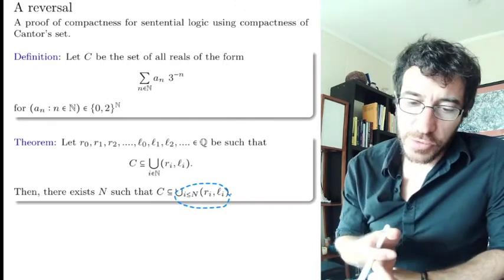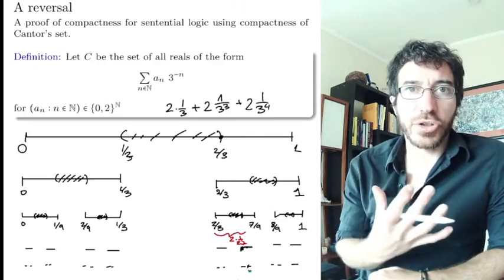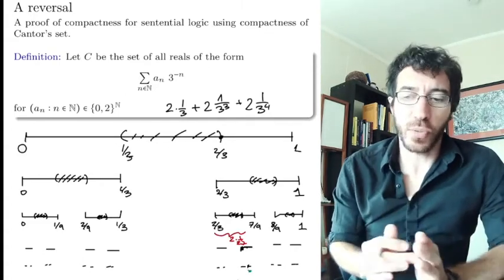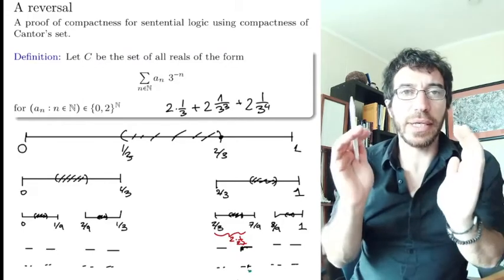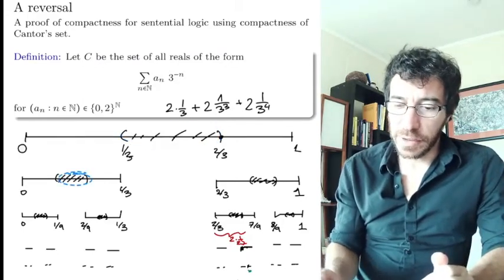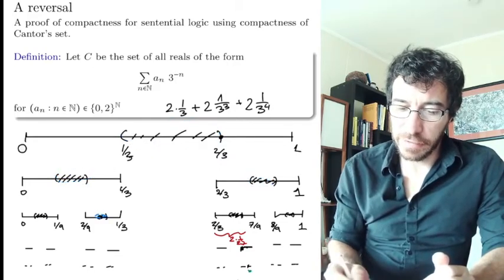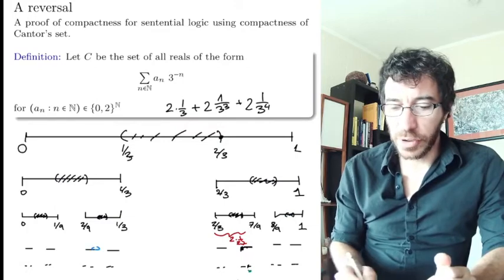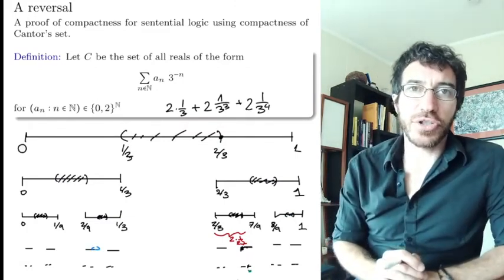The reason this follows from compactness of [0, 1] is because, to build the Cantor set, what we're doing is removing countably many intervals, and we keep on deleting open intervals of rationals.